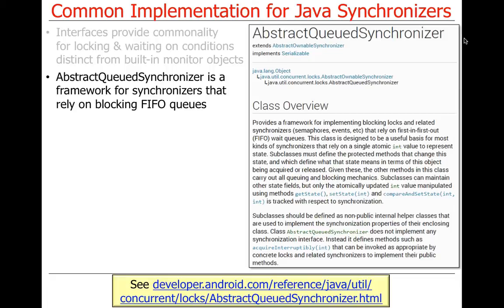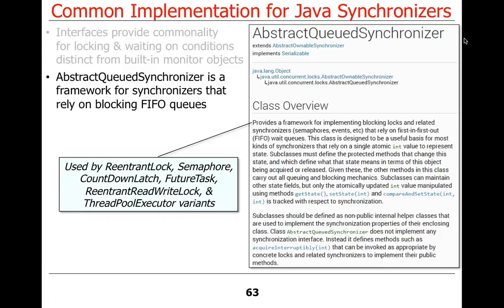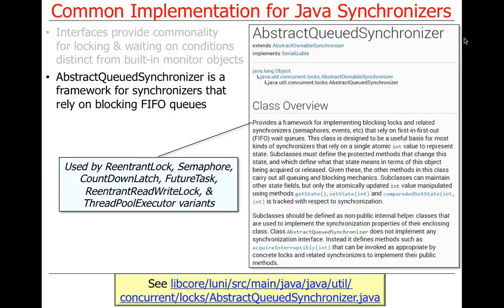And you'll see what I mean about that in a second. So AbstractQueuedSynchronizer is kind of at the heart of everything. So ReentrantLock, Semaphore, CountDownLatch, FutureTask, ReentrantReadWriteLock, thread pool. These are all things you get out of the box with standard Java that are related to AbstractQueuedSynchronizer in one way or another. And we're going to look through some of the source code of AbstractQueuedSynchronizer here in just a second. And that's where the source code is, so we'll look at that.